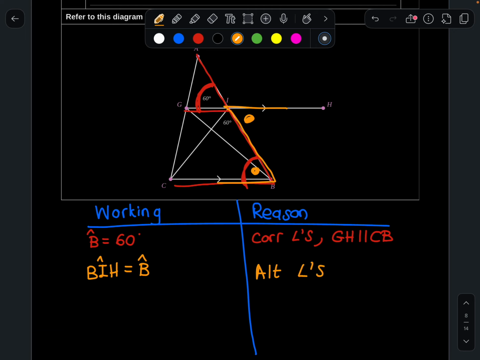And again, we list those parallel lines. So line GH is parallel to line CB. Okay, and that is what they wanted us to do here, which is equal to 60 degrees. So that was our answer for 3.4.